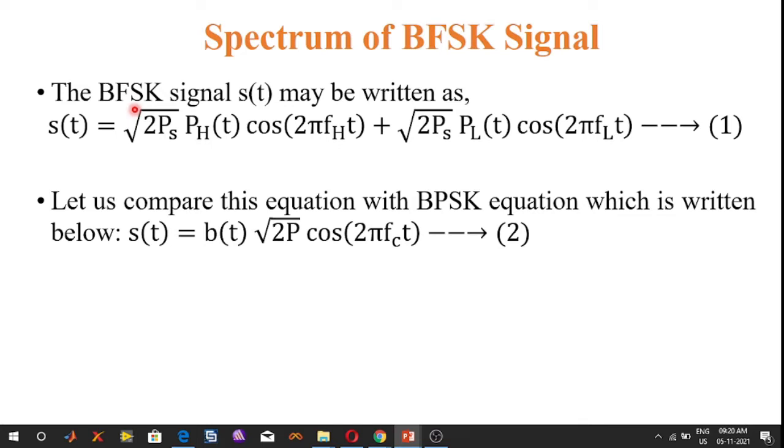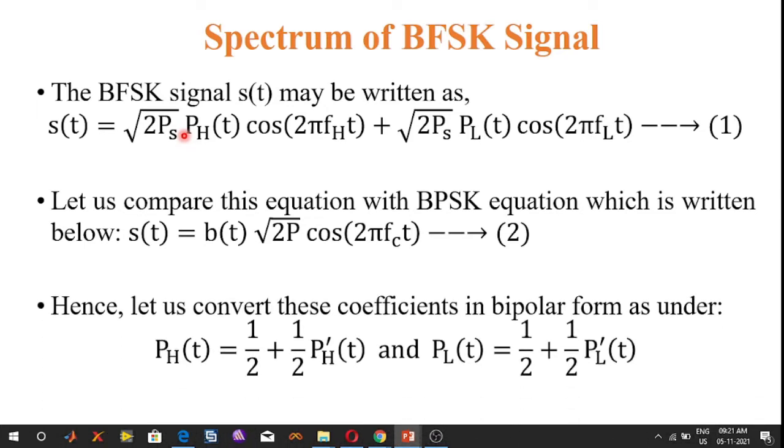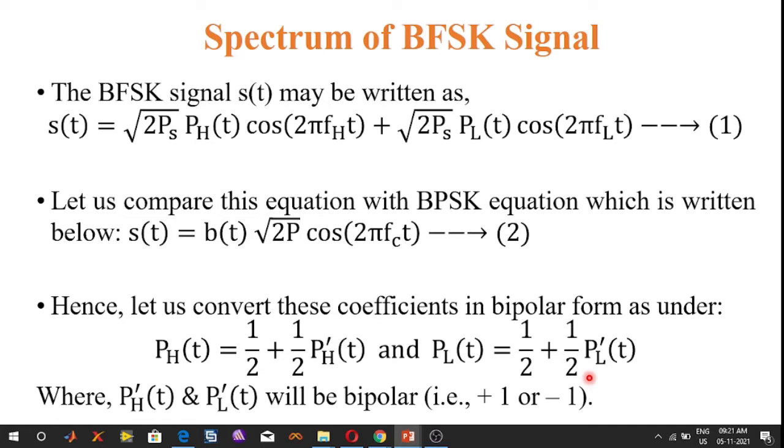Hence, let us convert these coefficients into bipolar form, so that the relations are ph of t is equal to 1 by 2 plus 1 by 2 ph dash of t, and pl of t is equal to 1 by 2 plus 1 by 2 pl dash of t, where ph dash of t and pl dash of t will be bipolar signals, that is positive voltage level and negative voltage level.